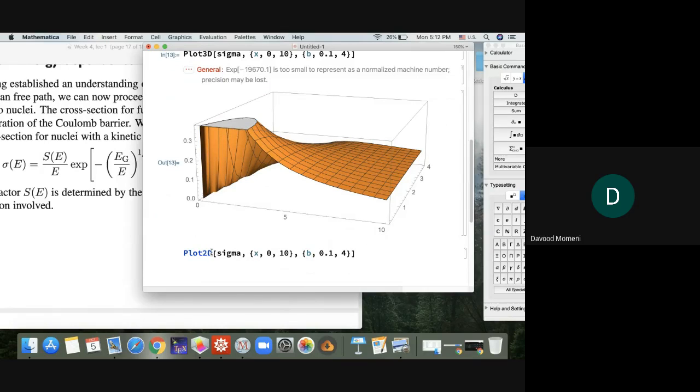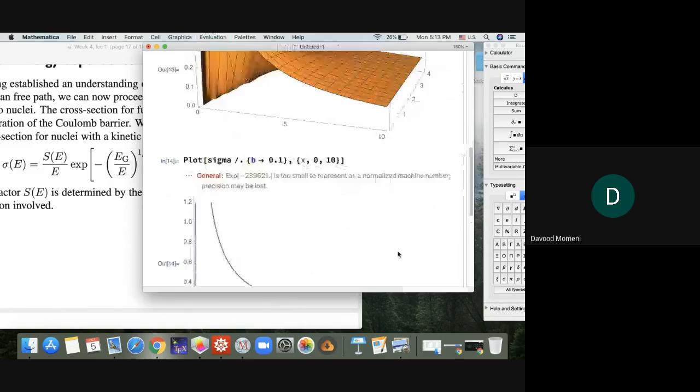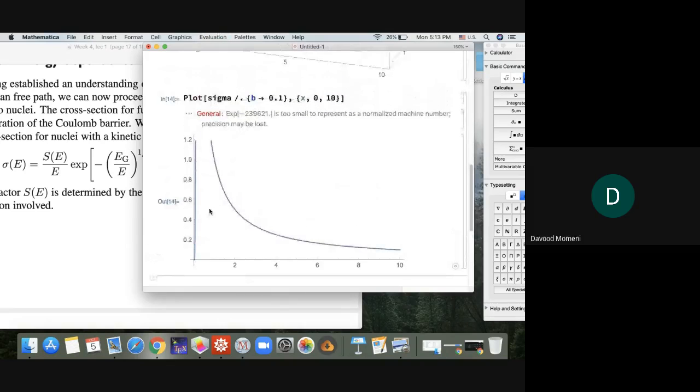if I fix B as this number, for example, and then I plot this versus x, let's see what's going on. So the function is very weak, actually.